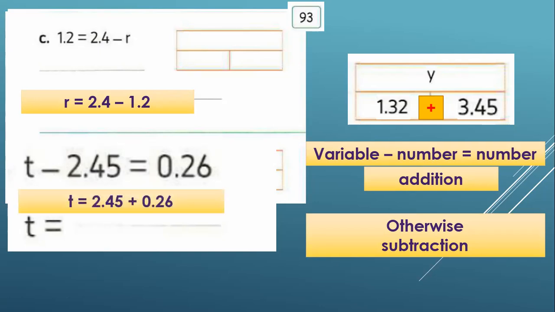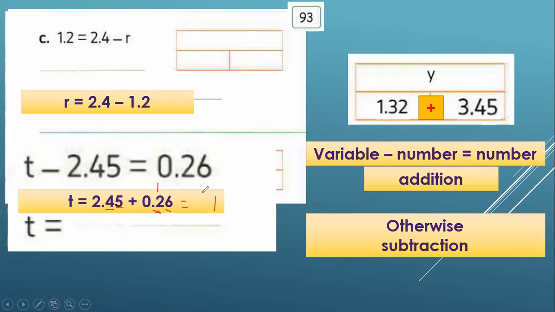We can write them like this, but start from the right side. 6 plus 5 equals 11. Equal 11. Write 1 and carry 1. 1 plus 2 and 4. 1 plus 2 is 3.